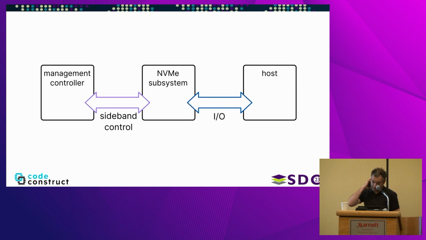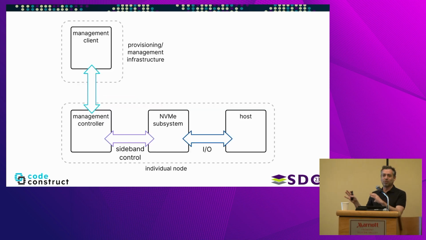That's all well and good, but the real value in this is not having to log into a machine to locally manage a device. We want some remote way of sending management commands to some remote node, and that's typically in a data center environment. That's typically your provisioning infrastructure.